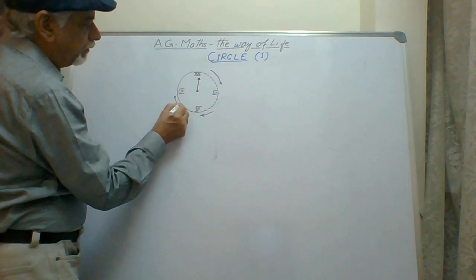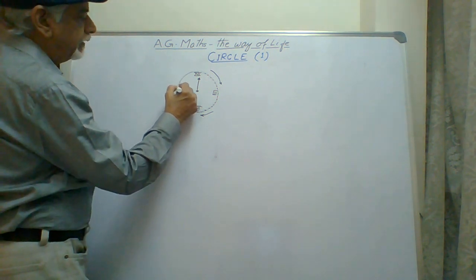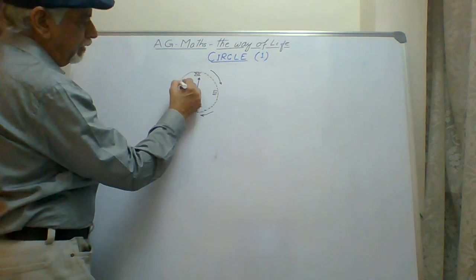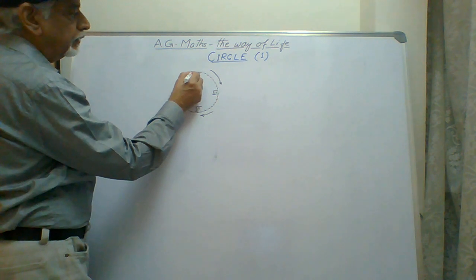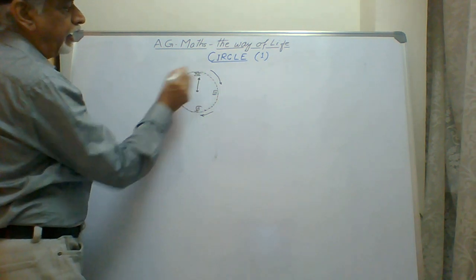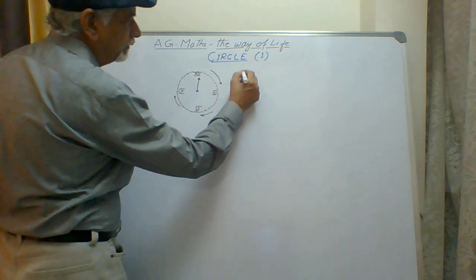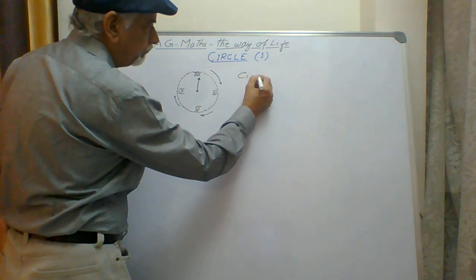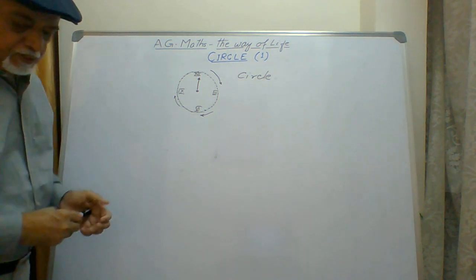And if I join all these points together, then what I get is a name you already know. It is called a round shape. And mathematicians call this a circle. This was the special name given to this special shape.